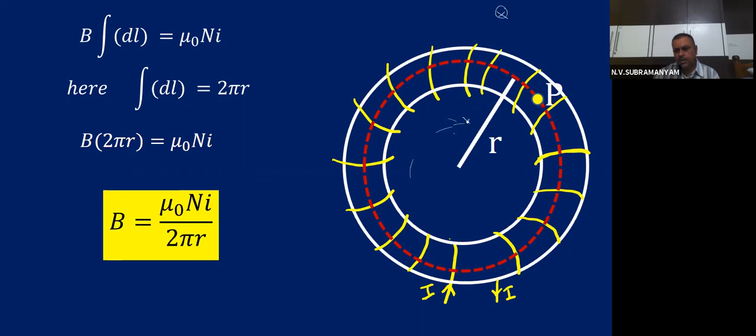Similarly, if you consider here also, I can prove that B is 0. That means I am remaining with only one particular region, which is the region inside the toroid. For that only we calculated this magnetic field. Are we clear, children? Okay. So now I have finished two derivations, one for the solenoid magnetic field, one for the toroid magnetic field.